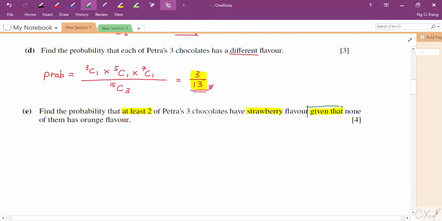This is an important keyword that tells us that this is actually a conditional probability. When you write out the symbol, you have a slash here. Given that none of them has orange flavor, that means no orange. I already know that no orange flavor is selected. I want to calculate the probability that we are having at least 2 strawberry.